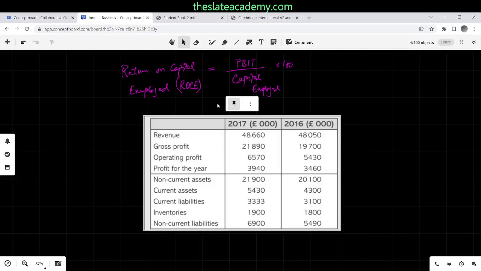So you need to calculate something to be able to calculate something else. The formula for capital employed is non-current liabilities plus capital, as I had initially mentioned.